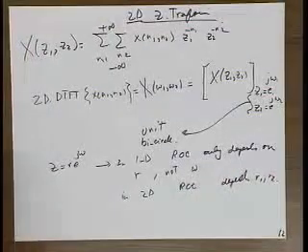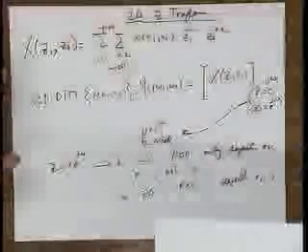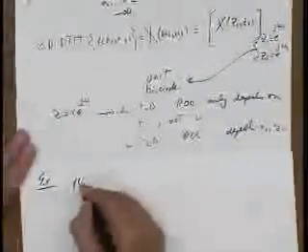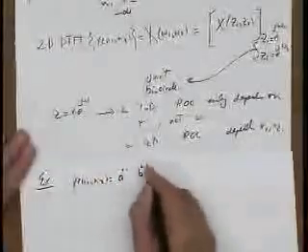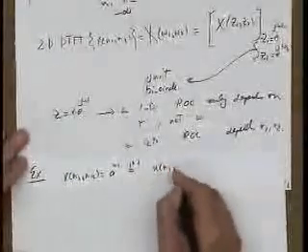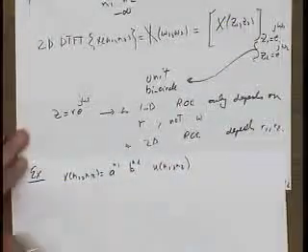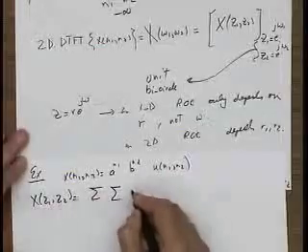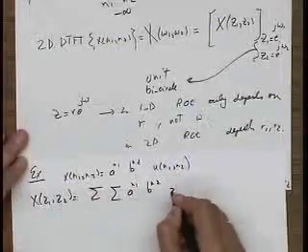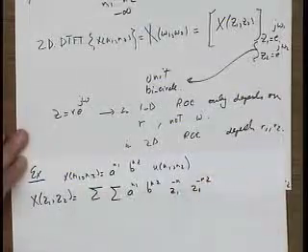So let me just quickly give you some examples of this. Suppose I have x of n1, n2 as a to the n1, b to the n2, u of n1, n2. Then the z transform is the summation of a to the n1, b to the n2, z1 to the minus n1, z2 to the minus n2.